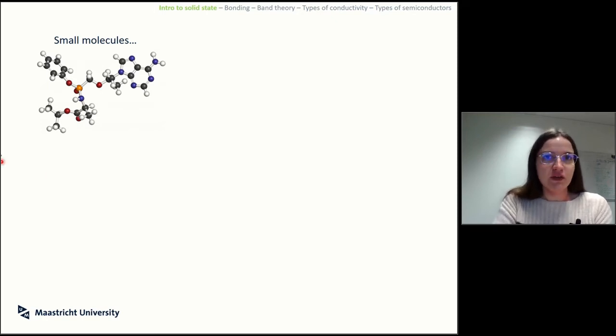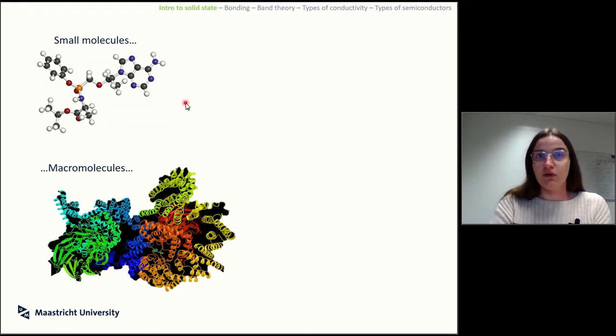You might take a long time trying to make this, figure out the arrangement, figure out the properties, but fundamentally you're talking about something small, on the scale of a few atoms and the length of the bond between some atoms. Now, this can be blown up when you look into macromolecules, which might be enzymes, proteins, something with severe levels of chains of atoms.